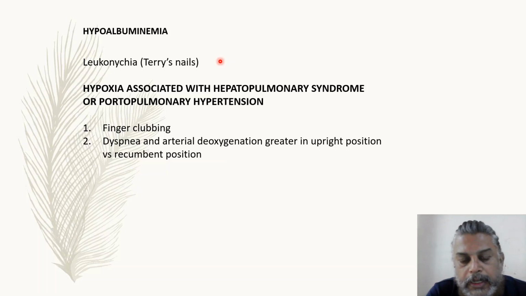Here, because of hypoxia, we can have clubbing, we can have dyspnea and arterial deoxygenation, which is greater in the upright position compared to recumbent position, which is different from the dyspnea in recumbent position of cardiac disease.